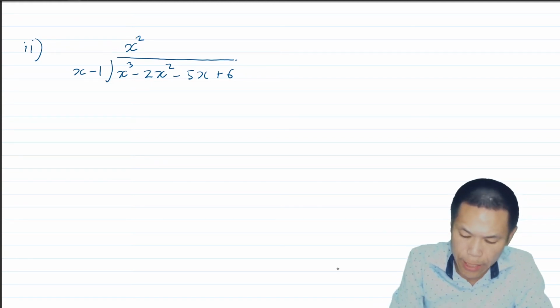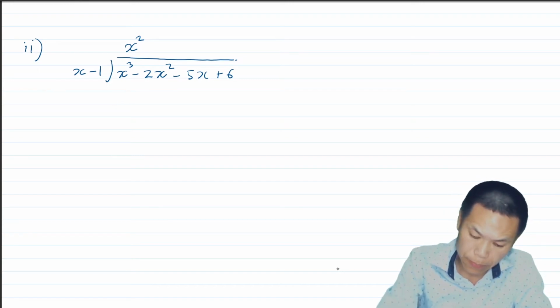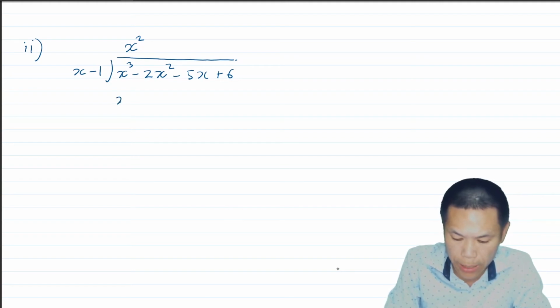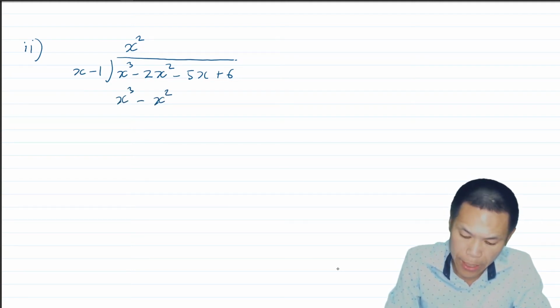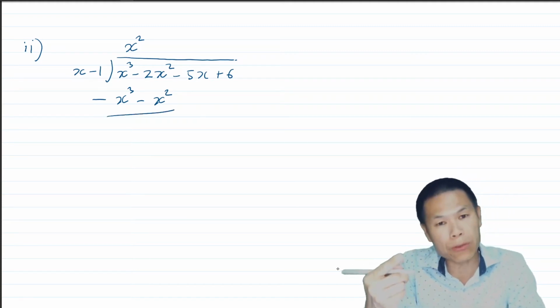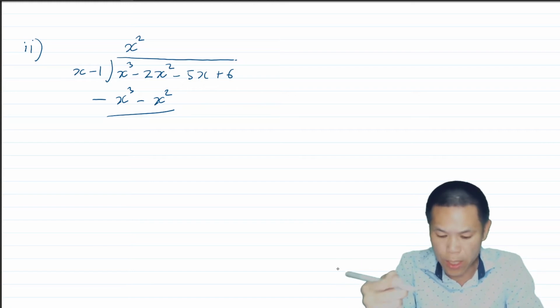So just write this down. That gives me x to the power 3 minus x squared. And now I just subtract it. So x to the power 3 minus x to the power 3 is equal to 0.